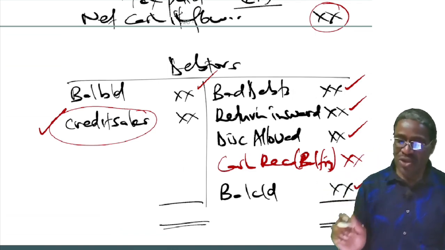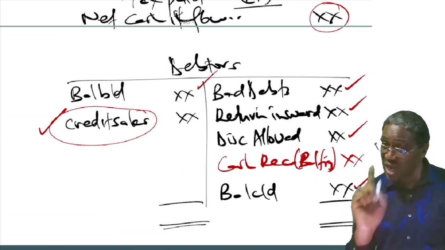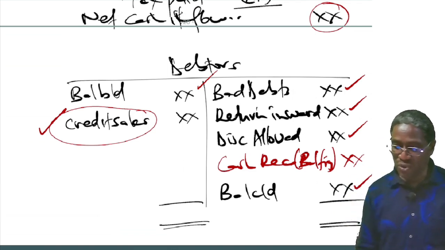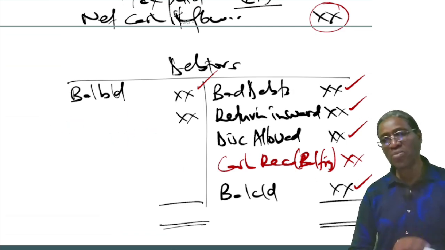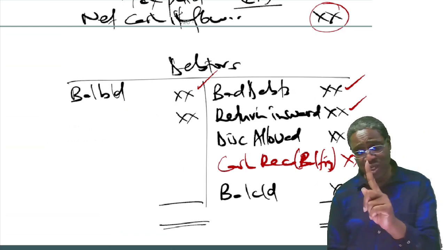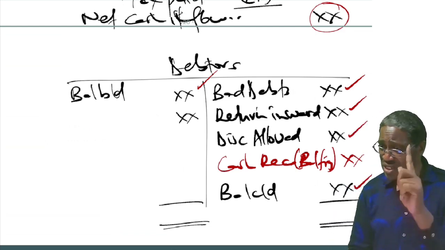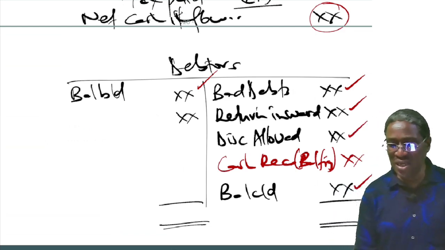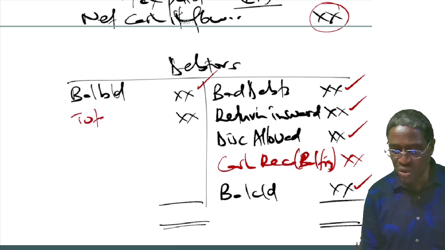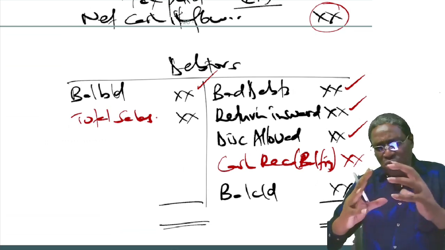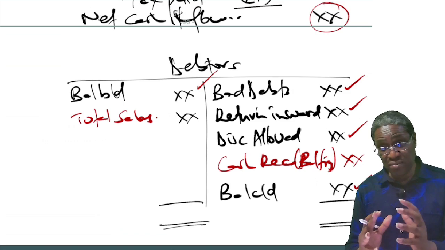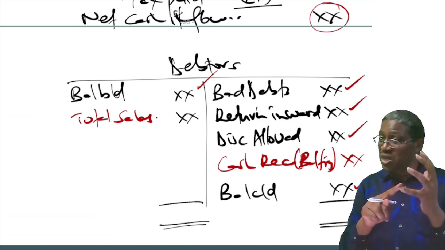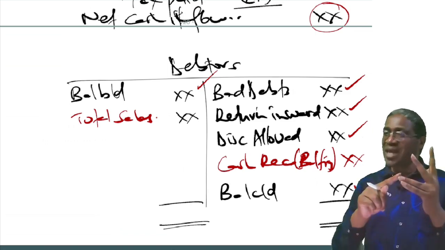So as far as cash flow questions are concerned, we shall not be using the credit sales alone to determine the cash received from customers. Instead, we shall be using the total sales. If you put the total sales on the debit side of the debtors account, total sales will include both the credit sales and the cash sales.